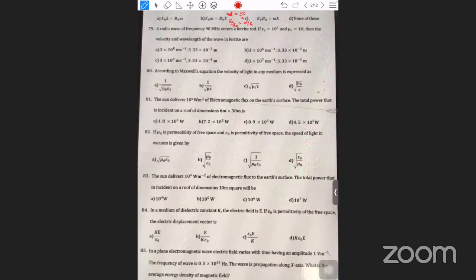On cross multiplication, E naught into k equals B naught into omega. So option A is the right answer, for the given electromagnetic wave equation, by equating the velocity as omega by k.